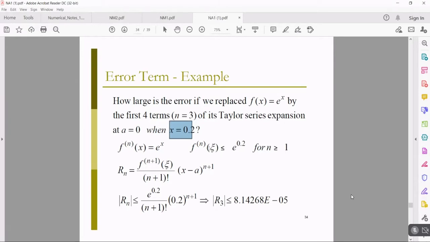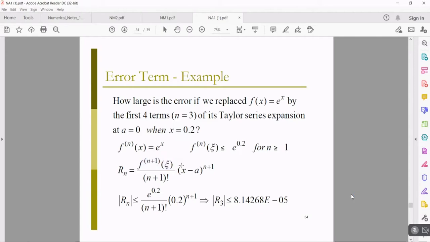So for any value of xi between a equal to 0 and x equal to 0.2, its value cannot exceed e raised to power 0.2 for all n greater than or equal to 1. So it means this is bounded by e raised to power 0.2.